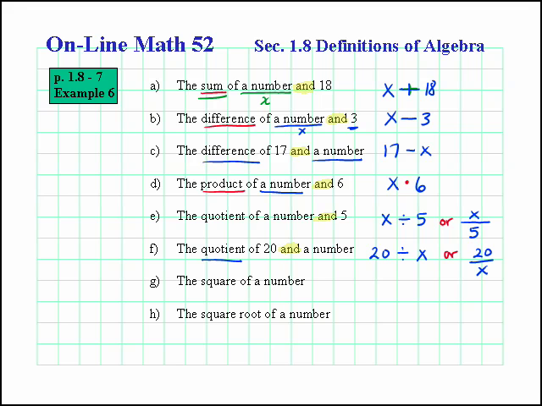That's because they apply the square, the little 2, power of 2, exponent, to only one value. In this case, square of a number means x squared. Or the square root of a number means square root of x, a single number. Okay? So that's example 6. Let's move on to example 7.